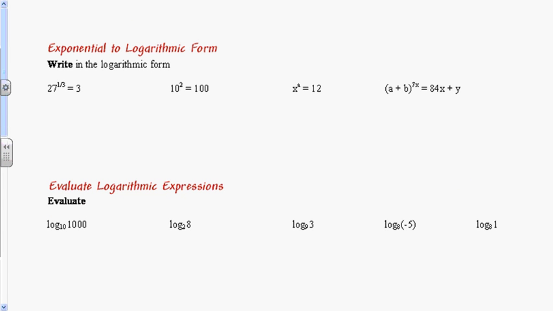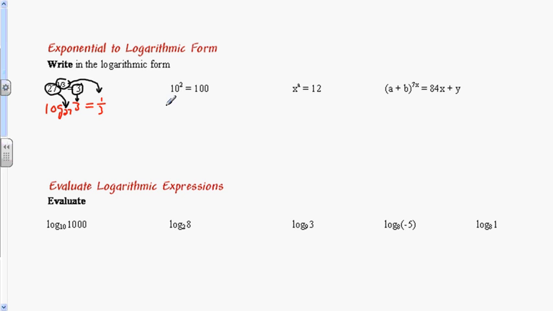Now let's go the other way. Alright, we have log. The base is 27, so subscripted 27. 3 equals the exponent. So here's the base. The power is what you get as a result of taking a logarithm. And there's x.